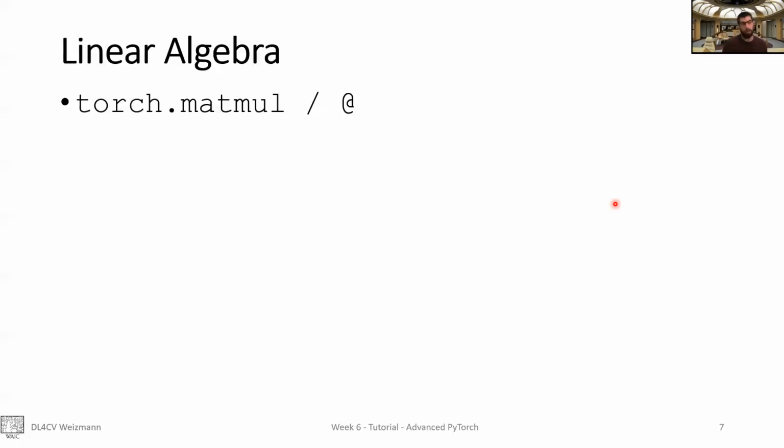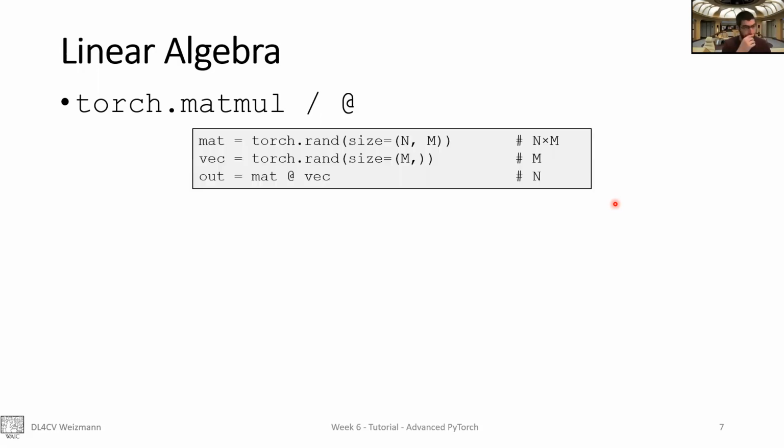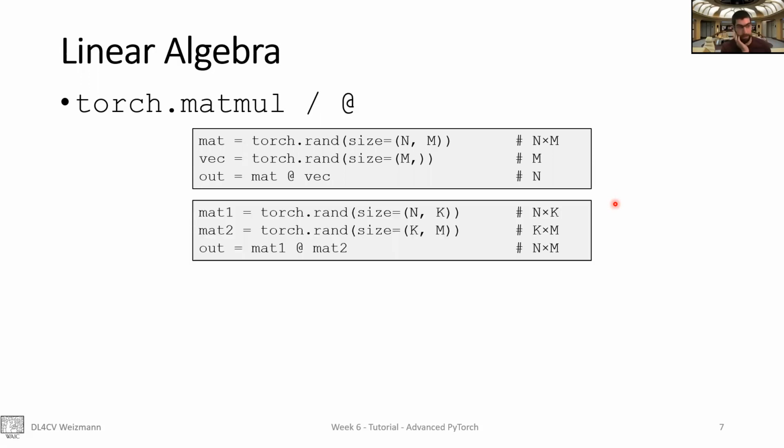Another family of vectorized operations are linear algebra operations. For example, the torch matmul operator, which is also aliased as the at operator. This can be used to do matrix-vector multiplication. Here we have a matrix n by m, a vector of size m, and the result would be a vector of size n.